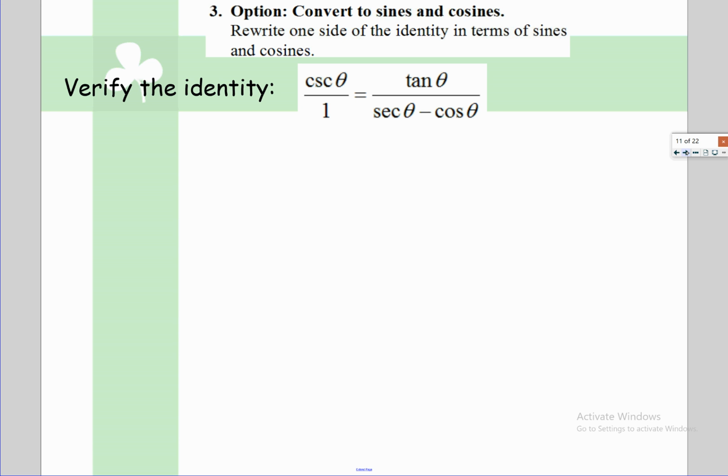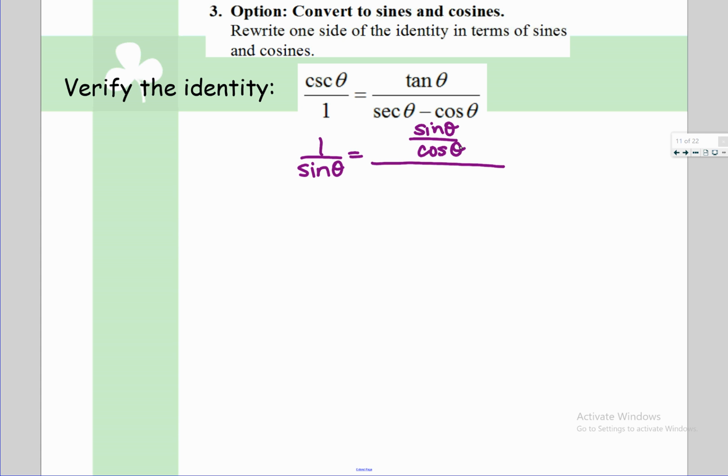Cosecant is what in terms of sine or cosine? Or both? It's 1 over sine. It's a reciprocal identity. Okay. What's tangent? Look at your quotient identity. Sine over cosine.